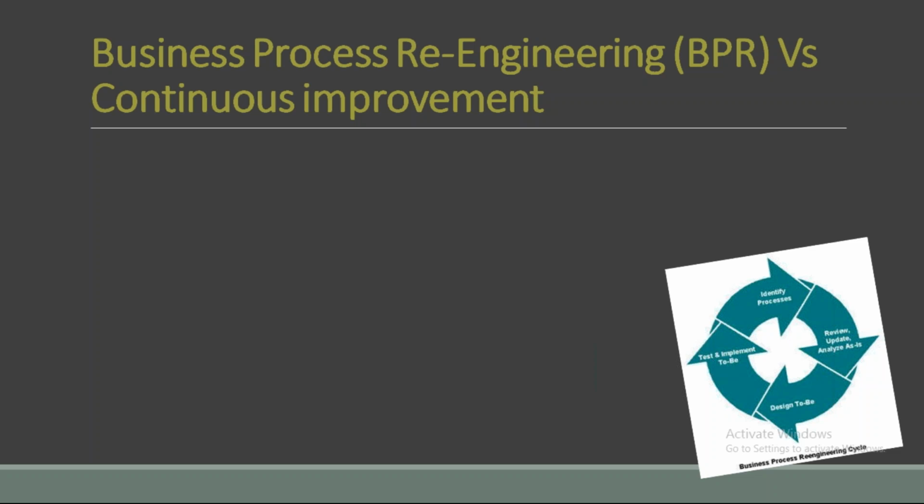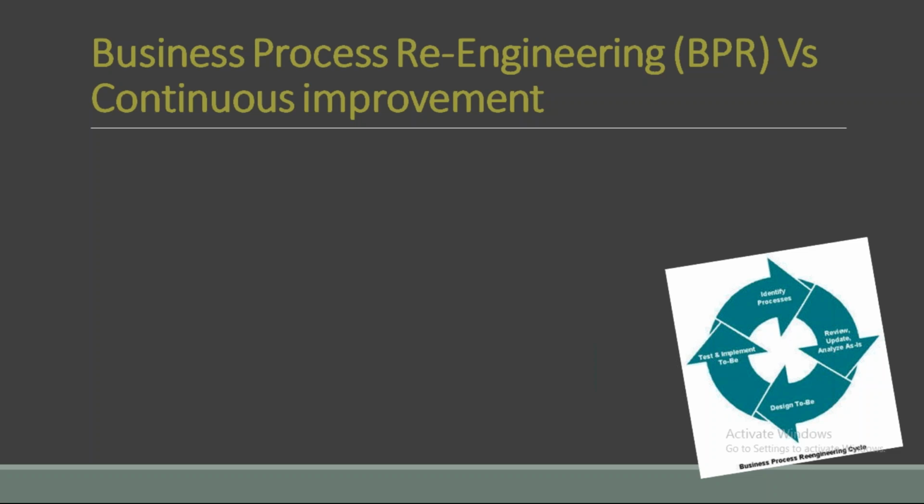The other side of this is what we call business process re-engineering. Business process re-engineering is simply one-off big radical changes. You think this is not the way for us to go, and you make big changes. Whenever we are making big changes, we have to have change management. It's not little changes.